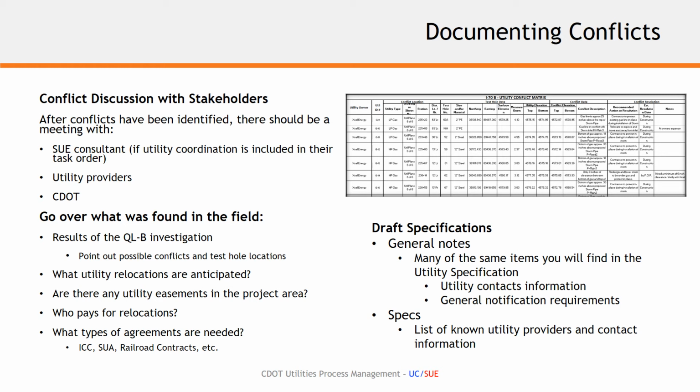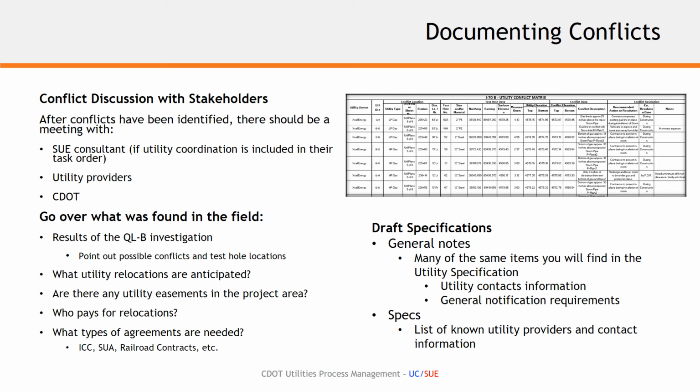And then if utility relocations are eligible, they're in easements, and the relocations are the responsibility of CDOT, then it's important to move contracts like ICCs or SUAs forward in that process around 60 to 90%, so that those can be completed prior to any early relocations that are maybe to happen around 90%.